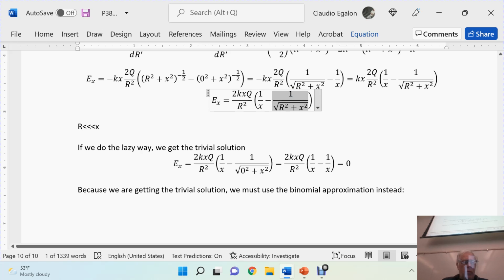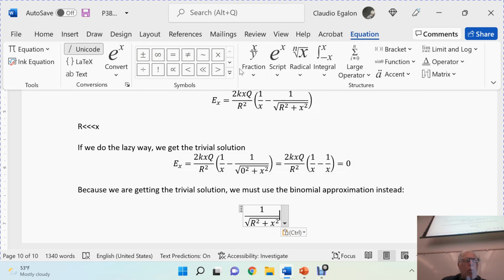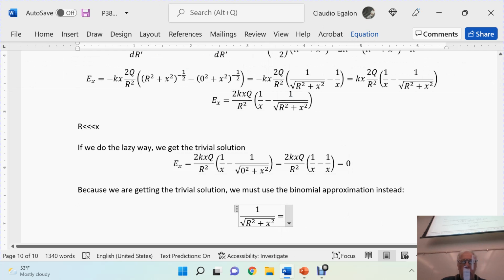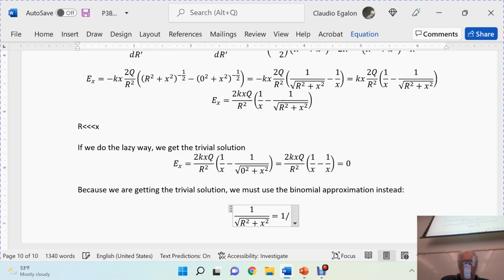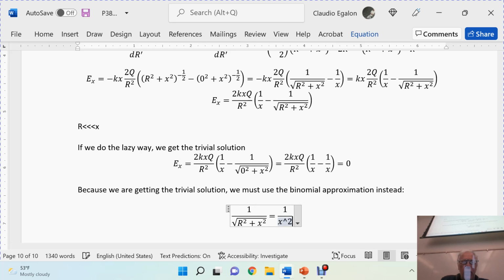Here you go. That's what you have to do. For the binomial approximation, you have to come up with the equal sign first, then we worry about the rest. We have to put the x squared in evidence, and r squared over x squared, plus 1, like that.